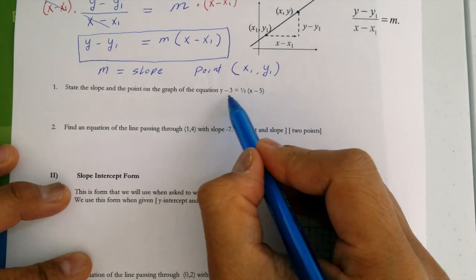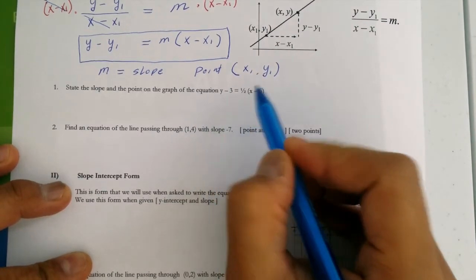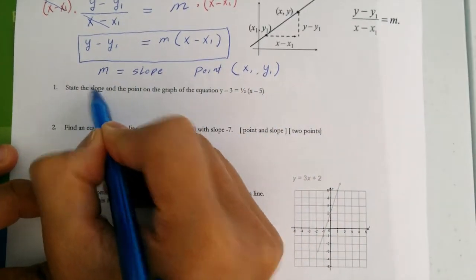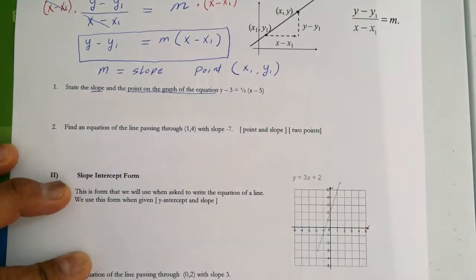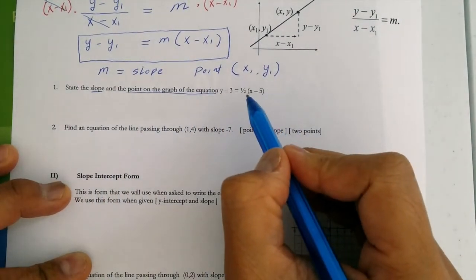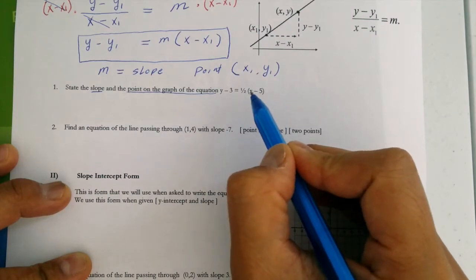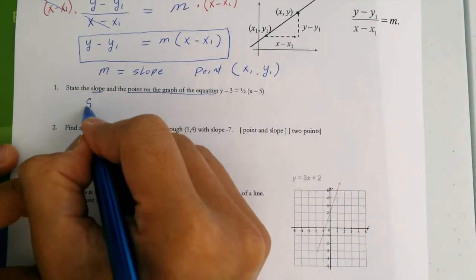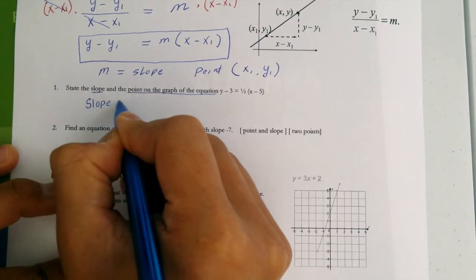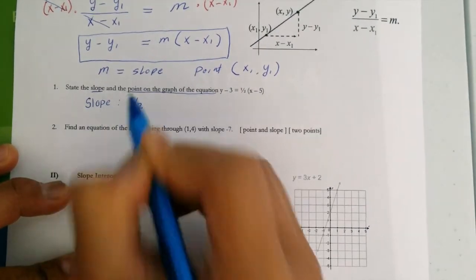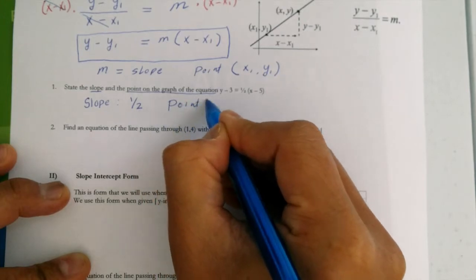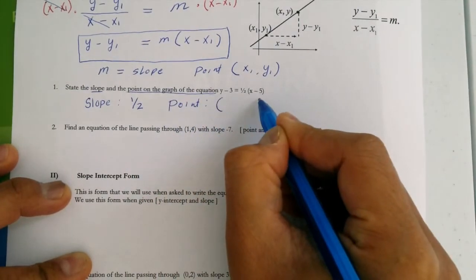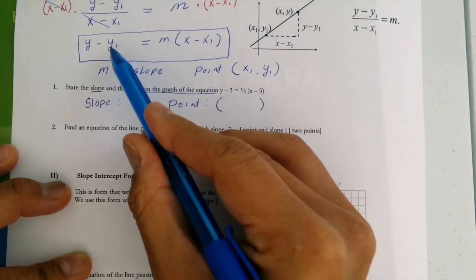Looking at an equation written in point-slope form, can you tell me what the slope is? And can you tell me what a point on the graph is? So the slope is the number in front of the parentheses on the right side. Therefore, we're going to say that the slope is 1/2. And the point is going to be this x1 and y1.